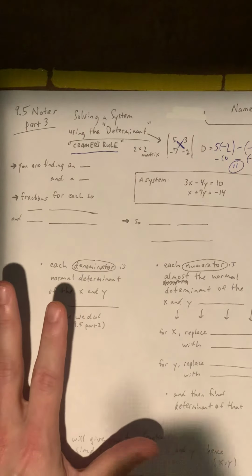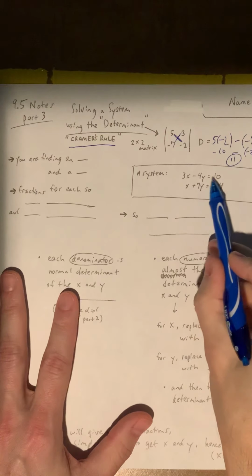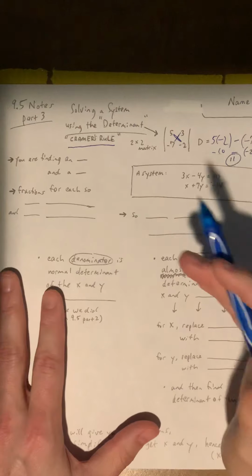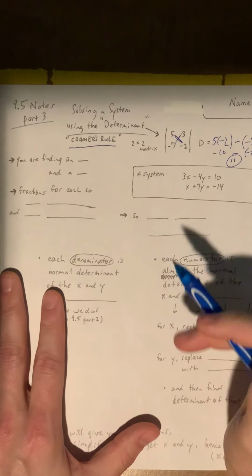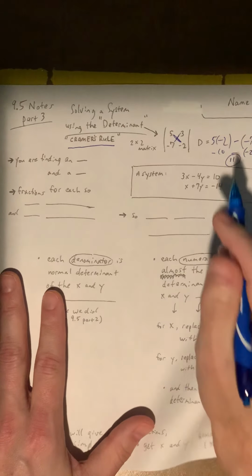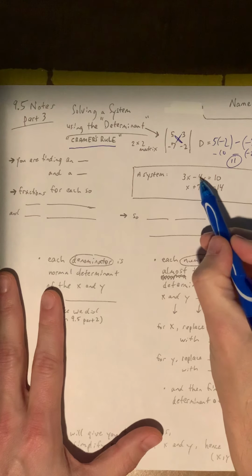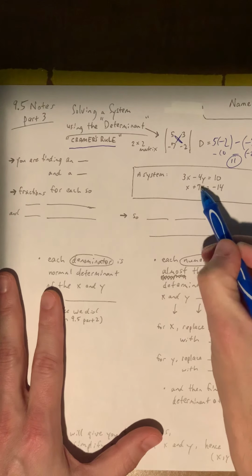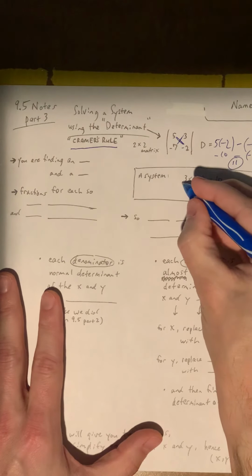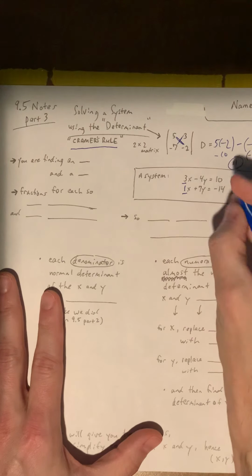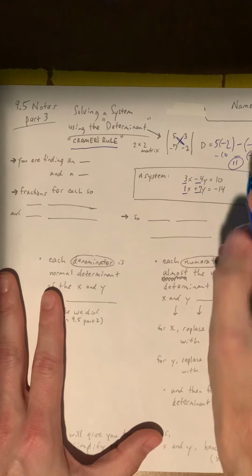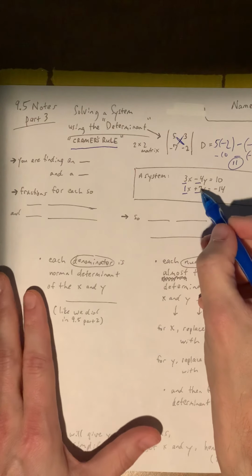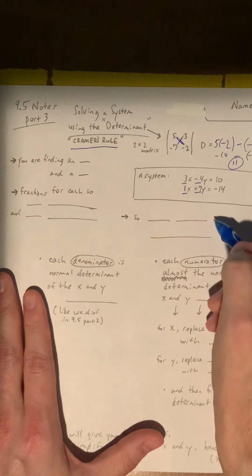Now remember, a system of equations is something like this: 2 xy equations, and normally they're in standard form like this. The ones you get today are in standard form, so they're simpler to deal with. You have x and y on one side, and a number called a constant on the other. The numbers in front are called your coefficients. So your coefficients on x are 3 and 1. Your coefficients on y are -4 and +7.